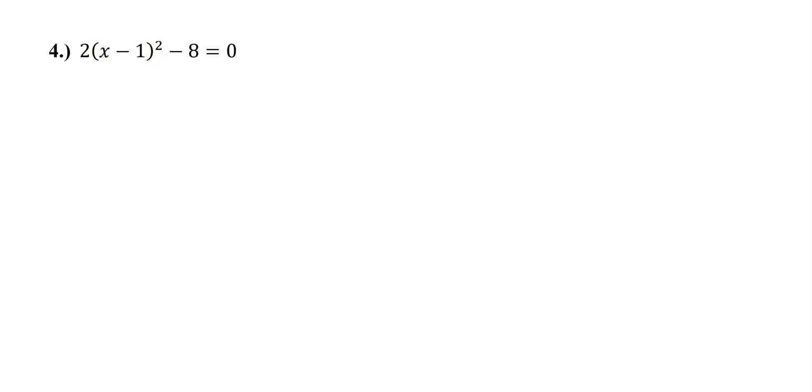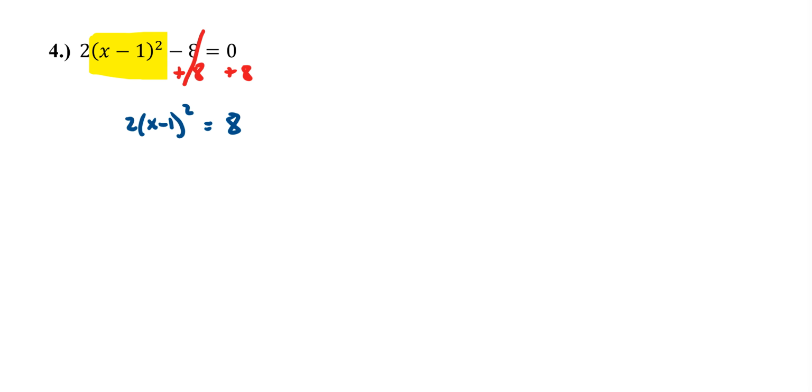But anytime you have this binomial squared term, there's a nice way to do it, and that's just going to be using the square root property. We can solve for the squared term, which means all we have to do here is start by adding 8 to the other side to cancel it on the left.